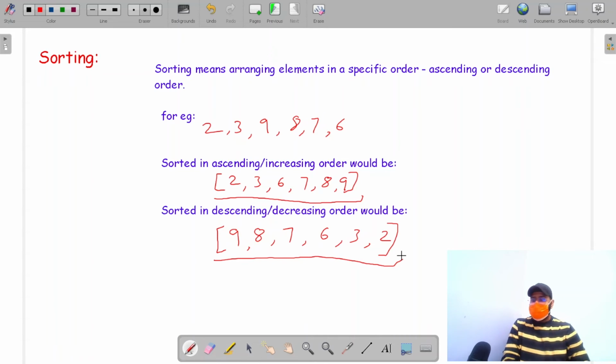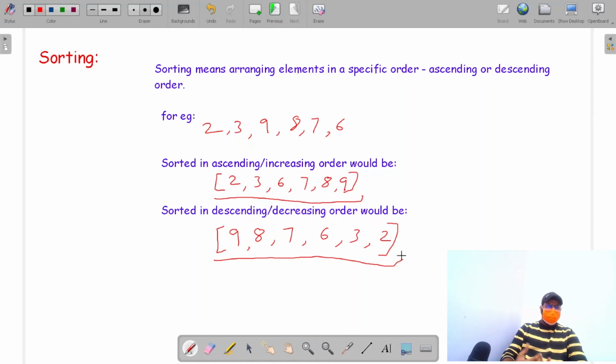As you would have gotten a little bit of an idea about the same, there are multiple ways that we can apply to sort a group of elements or a series or a sequence, but in this chapter we'll be going through only two of them: bubble sort and insertion sort.